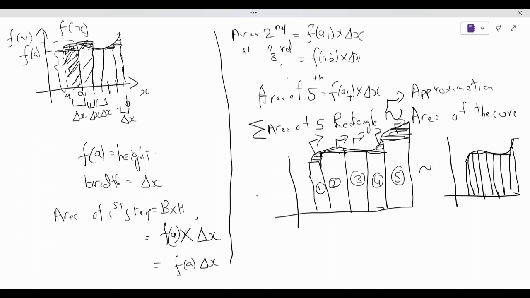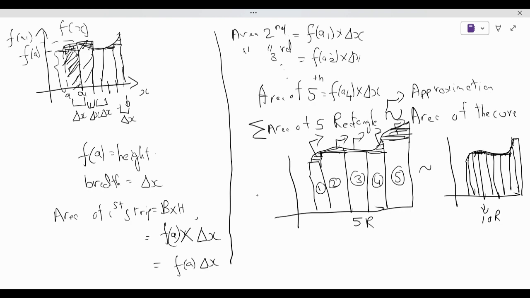Instead of 5 rectangles, if I divide it into 10 rectangles, then the left out area which I am shading is less. Here there are 5 rectangles, and here there are 10 rectangles.